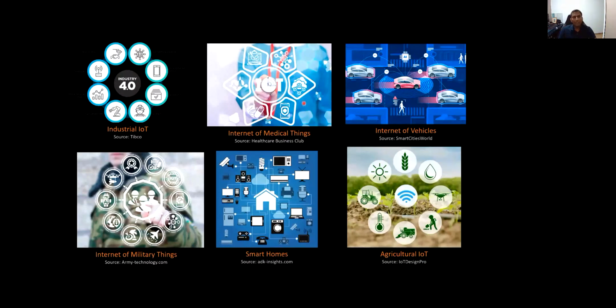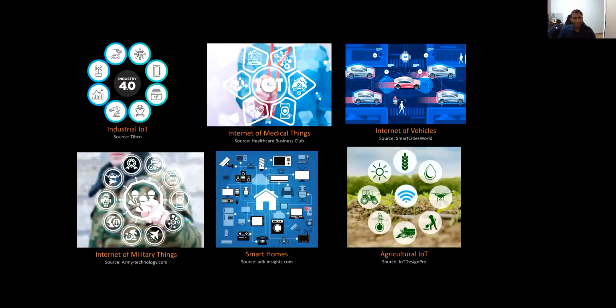Then you have the Internet of Vehicles, where the vehicles are talking to each other. You can see that these are physical objects and they're talking to each other. And then you have the Internet of Military Things. This might be new to some, but I'll show you some examples where IoT has been used in military.